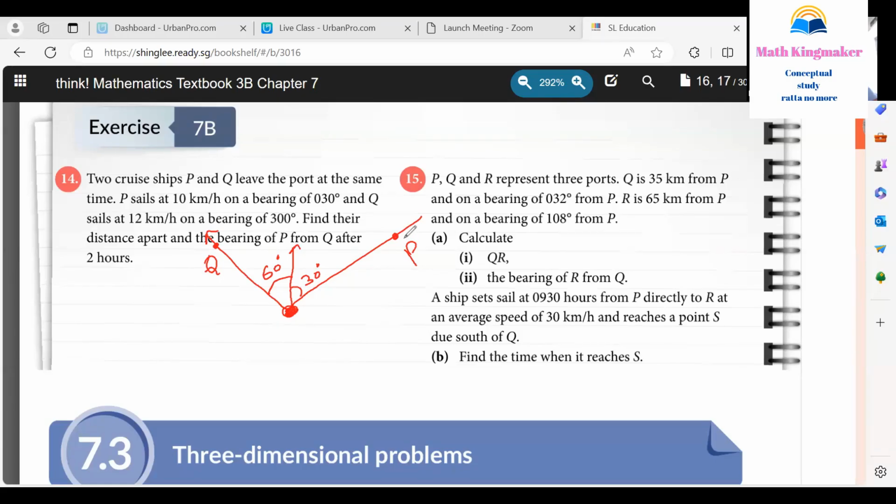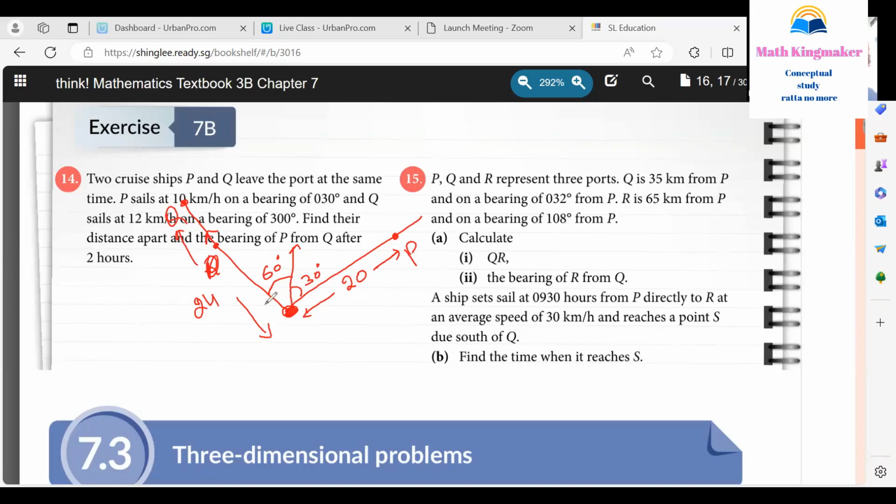So 20. This distance will be 20 after 2 hours. And how much will this distance be? 24. Let us say Q is here, so this distance would be 24.